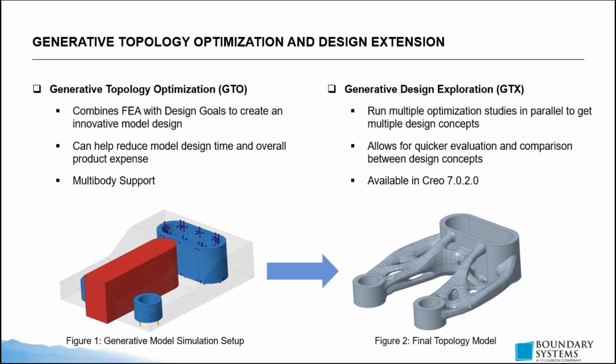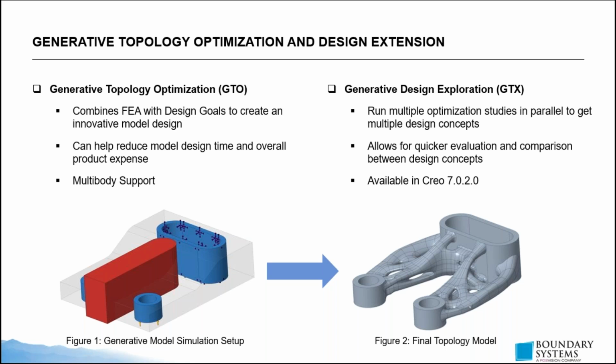So all of a sudden 10 times 3, now I have 30 design alternatives to choose from, right? And so the generative design exploration is intended to, in that case, run multiple design variations in parallel on the cloud, right? And then give you an explorer web page where you can view all your 30 different alternatives and then start to filter and sort between them.